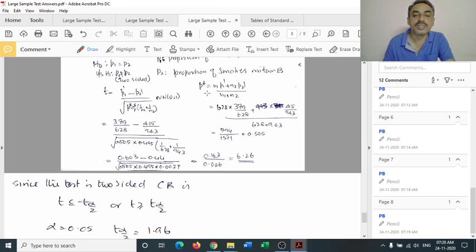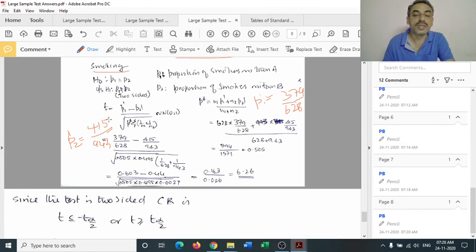We have to estimate P star based upon this. Here P1 dash is 379 divided by 628, the first sample proportion. For the second sample proportion, P2 dash is equal to 415 divided by 943, because out of 943 persons drawn from town B, 415 were found to be smokers.